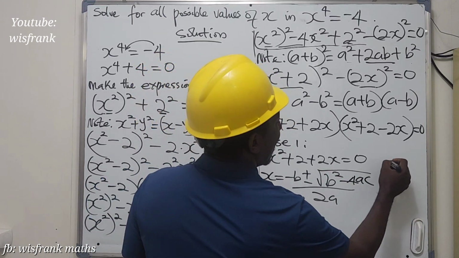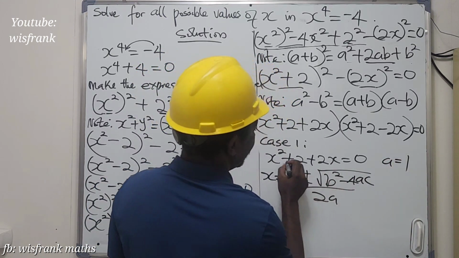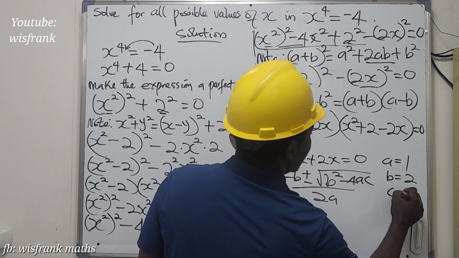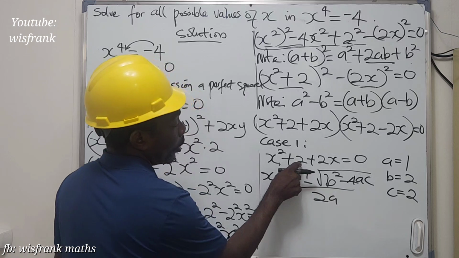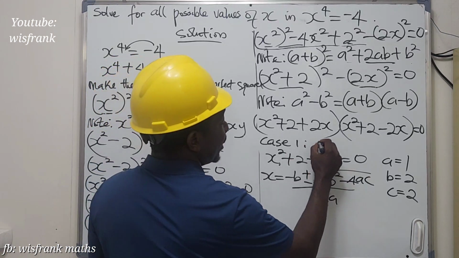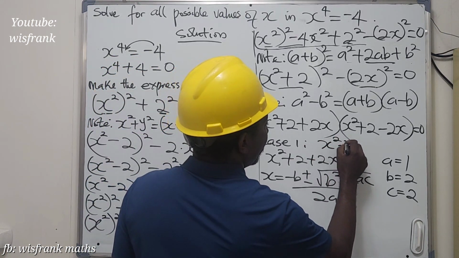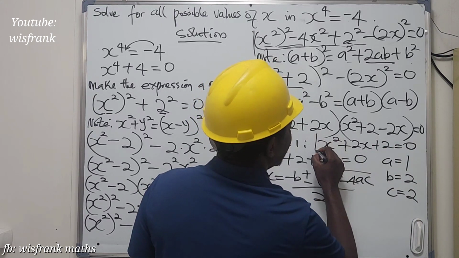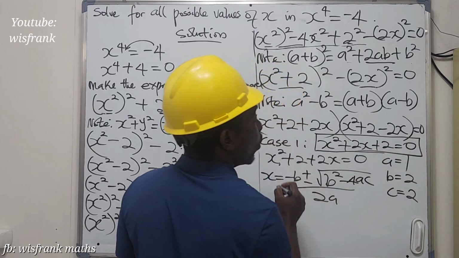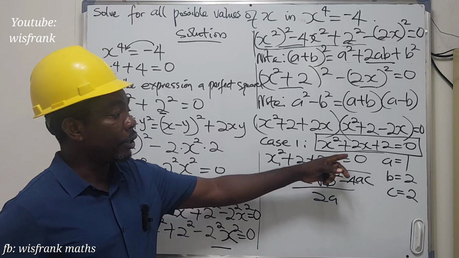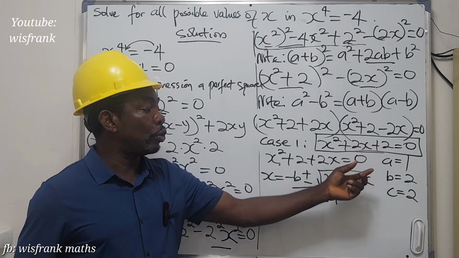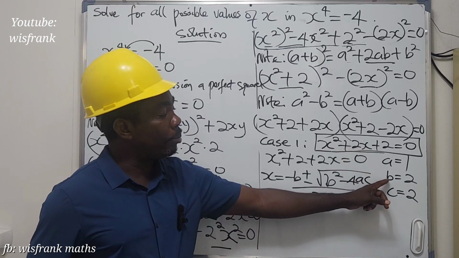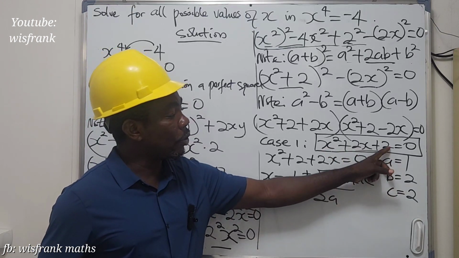Our value of a equals 1 from here, our value of b equals 2, and our value of c equals 2, because here can be rearranged as x^2 + 2x + 2 equals 0. This is the format of a quadratic equation, because 2x comes first before 2. So a equals 1, b equals 2, and c equals 2.